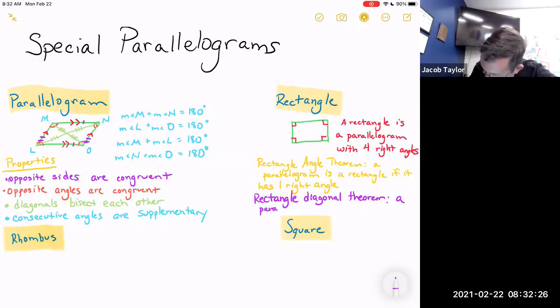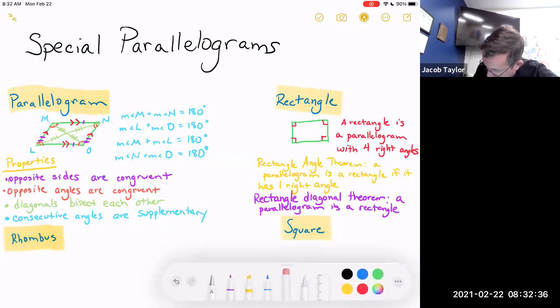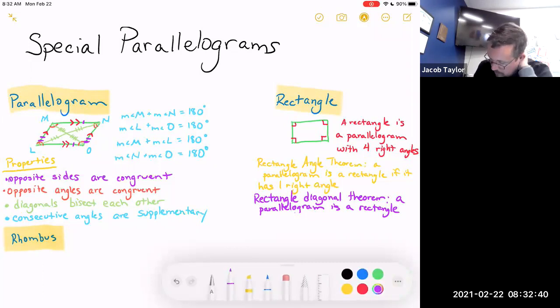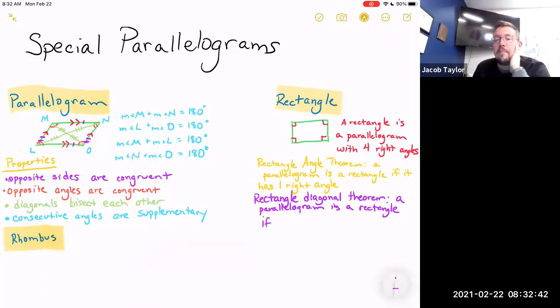I'm going to have to move my square here. A parallelogram is a rectangle if and only if its diagonals are congruent.